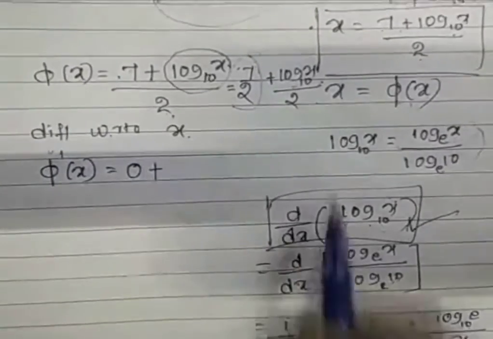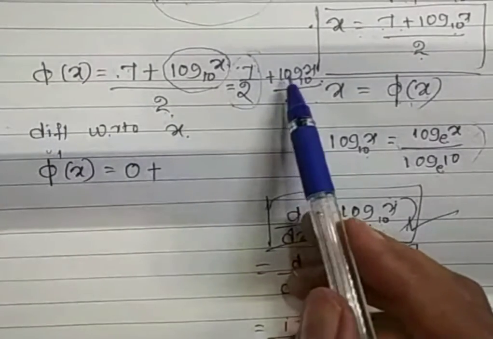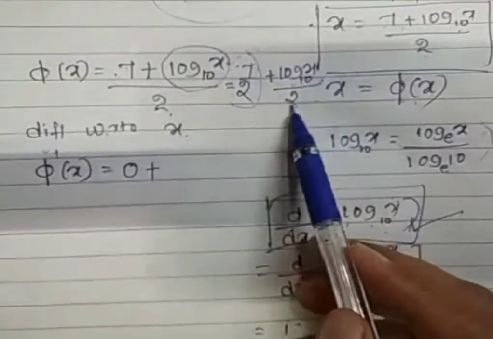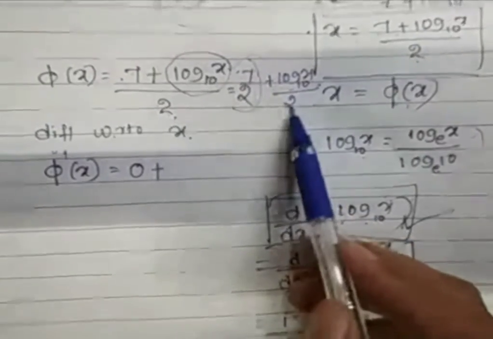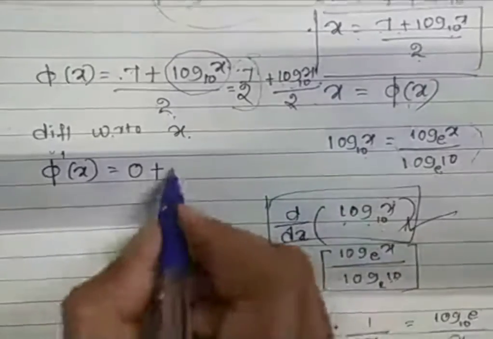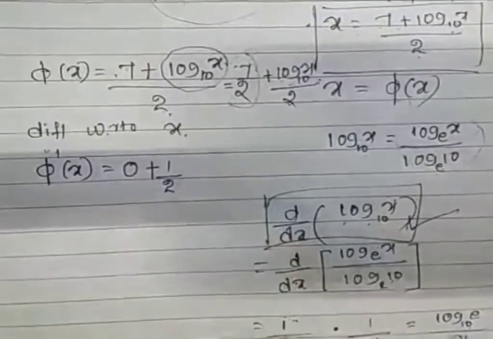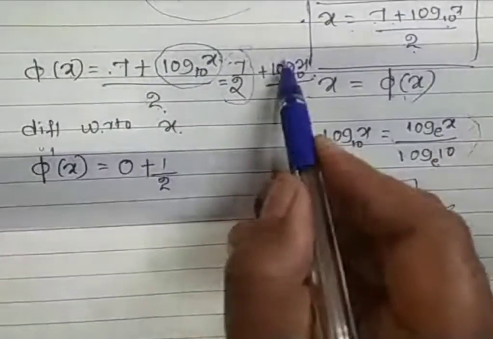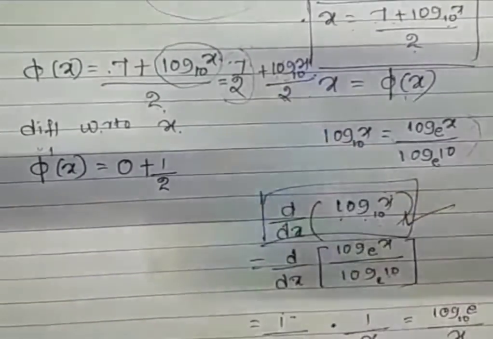Then plus, now we need to find here the derivative of log x to the base 10 divided by 2. Here 1 divided by 2 is a constant term multiplied with log. So take this 1 divided by 2 outside the derivative. Then what is log x to the base 10 derivative?